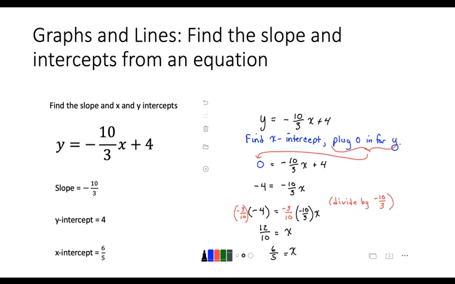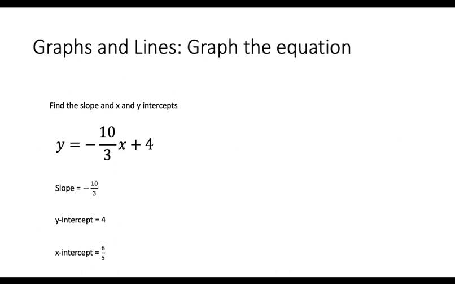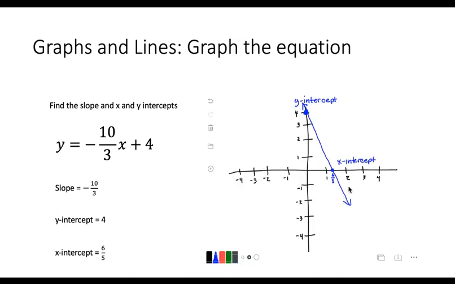Okay, let's look at another example. So, sorry, before I go to the next example, I forgot I wanted to show you how to graph this equation because you're going to have to do this on MyMathLab. When we go to graph it, I recommend you use the x and the y-intercept. Here you'll see I graphed the x-intercept, which is a little bigger than 1 because it's 1 1/5.